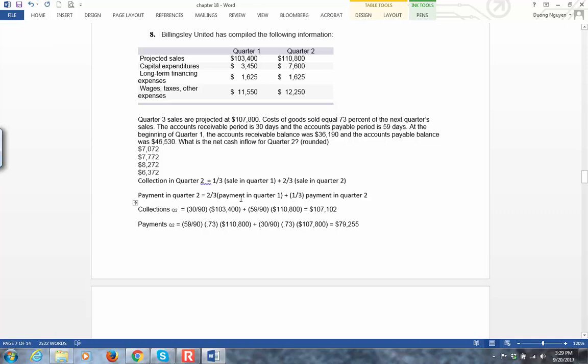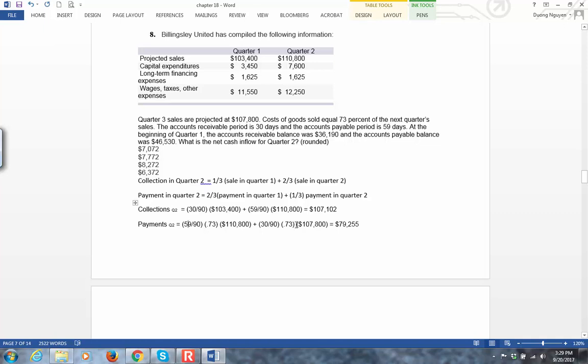What is the payment in quarter 1? Which is the cost of goods sold, and cost of goods sold in quarter 1 is 73% of the following quarter, so 73% times 110,800. Plus 1/3, 30 over 90, of the payment in quarter 2.